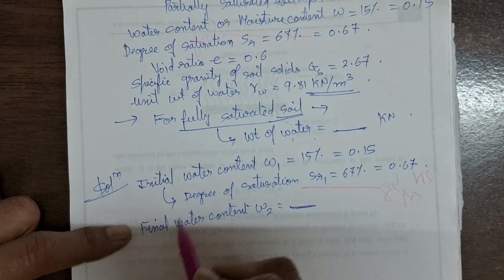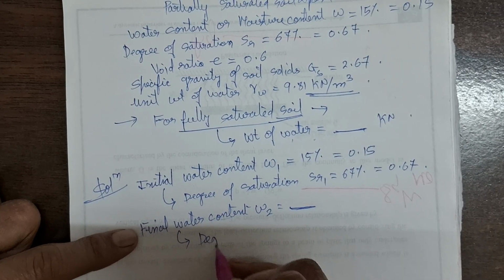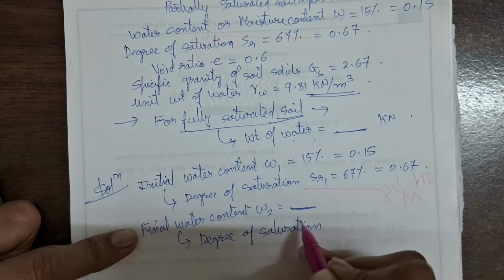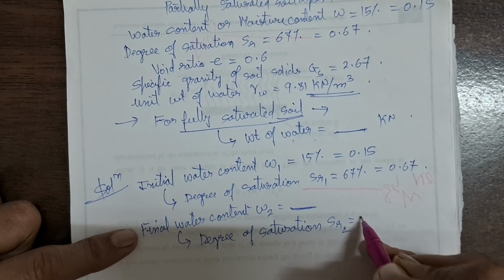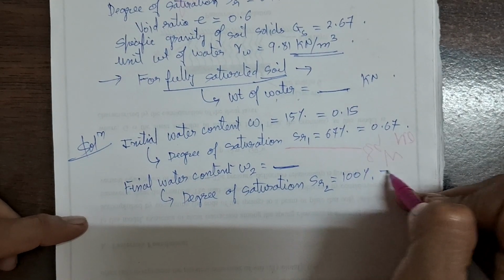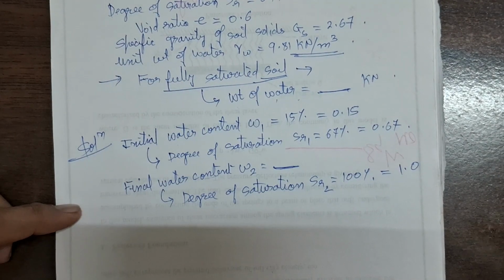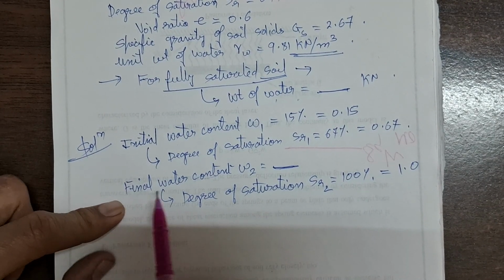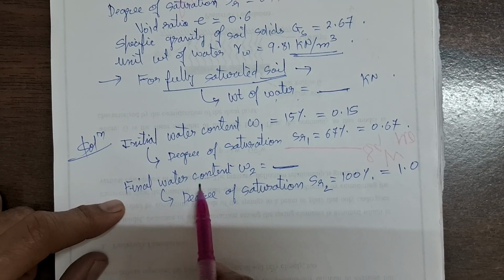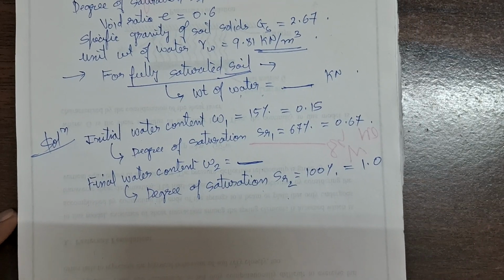But I know that at this final water content, my degree of saturation will be Sr2 equal to 100%, means 1.0, because they have asked us for fully saturated soil. So in second case, for final water content, which I don't know, I know one thing, that my degree of saturation Sr2 is 100%, that is 1.0.